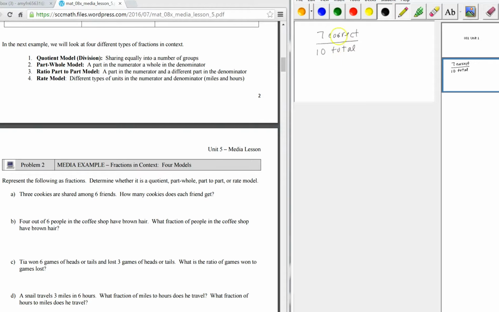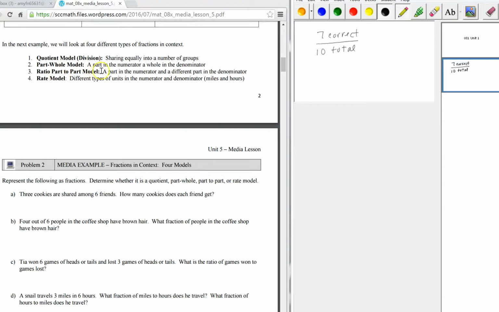So we do want them to see this idea, but we also want them to know that a fraction need not be a smaller number over a larger number. And typically in our everyday language, you'll hear people say things, oh, it was just a fraction of the cost, meaning that it was less than 100% or less than the amount of the cost, something small, okay, where fractions don't necessarily need to be that. So the part-whole model is very useful. We use it a lot, but it can't be their only understanding.